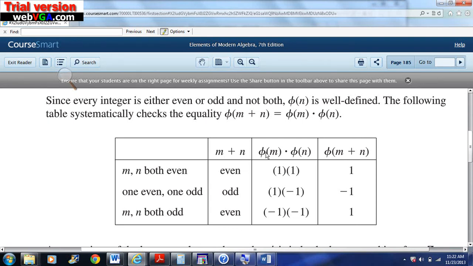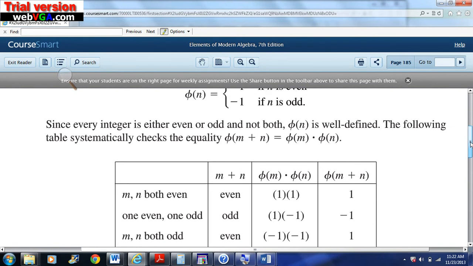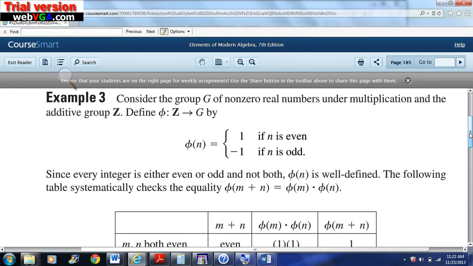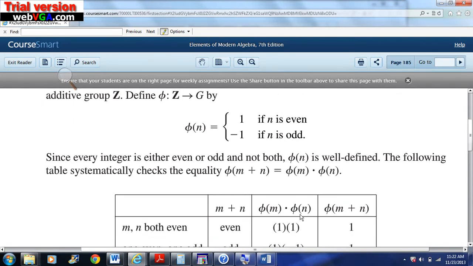Also, if both M and N are even, we would have phi of M, which is an even number. And if you look at what we had above there, if we have an even number, then phi of that number would be 1. You see, so we have a 1 there.